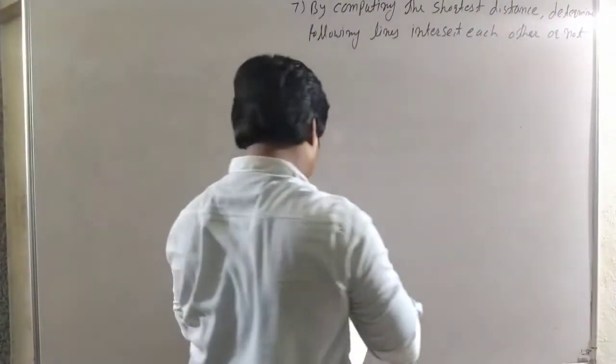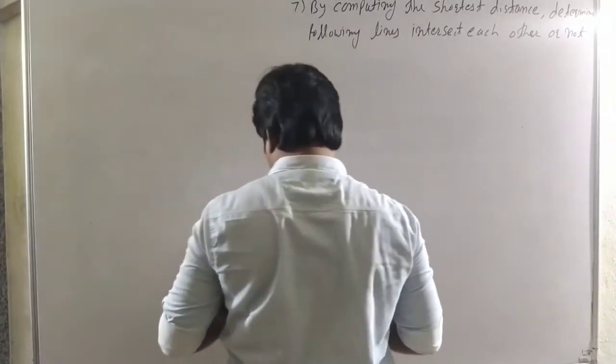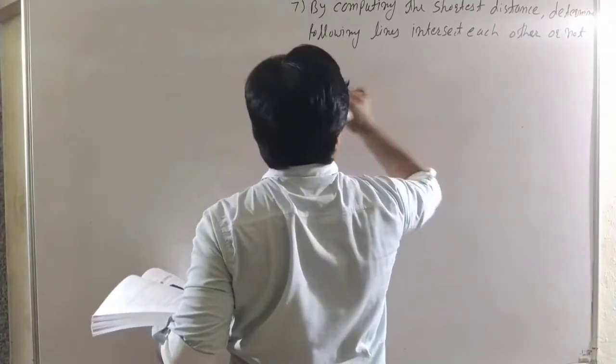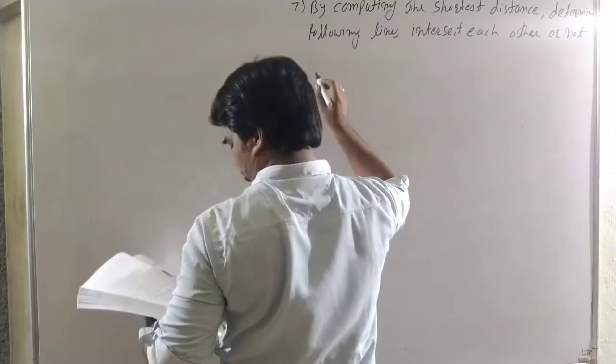Second example you need. By computing shortest distance, determine whether the following lines intersect each other or not.